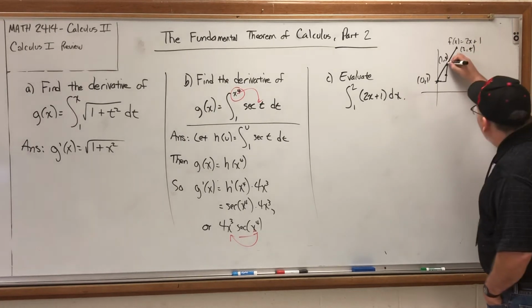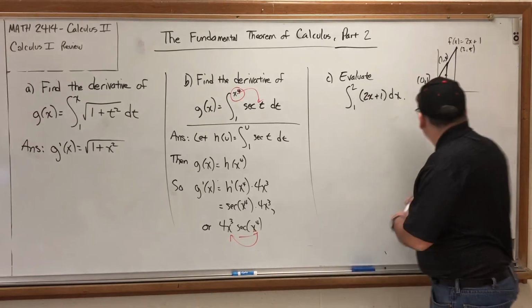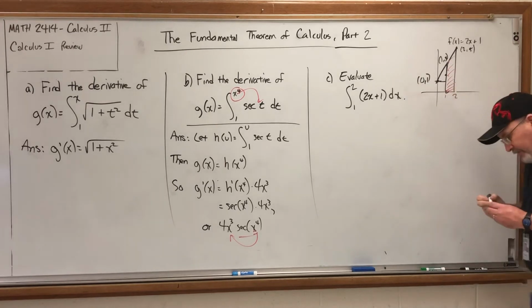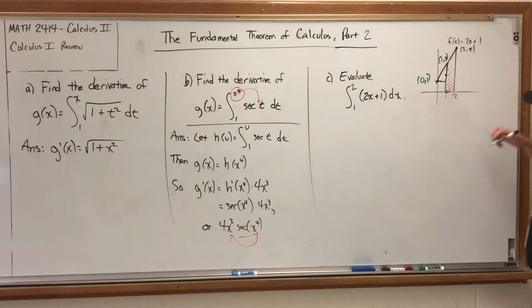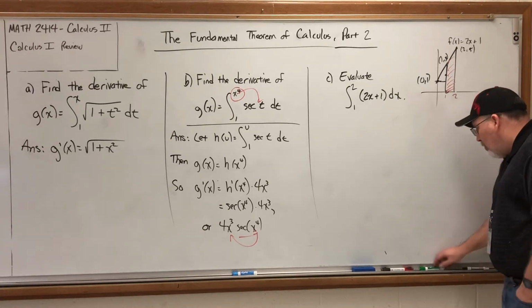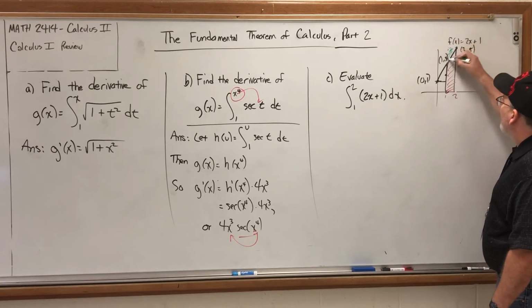But we're being asked, what is the area under this line from 1 to 2? As a geometry problem, we can find the area of this trapezoid. The area of the trapezoid is 1/2 times the height times the average of its bases. Or if you just wanted to look at it this way, it's a rectangle minus that triangle.